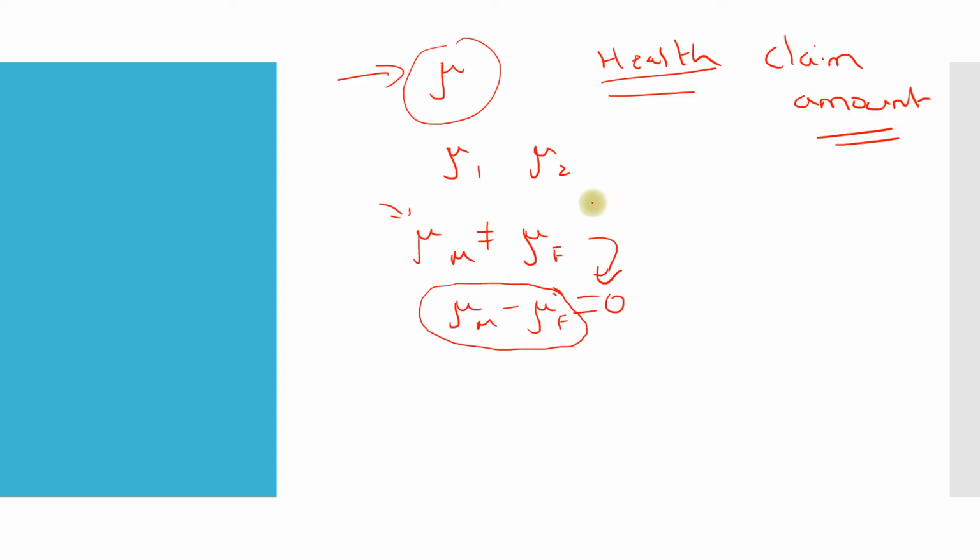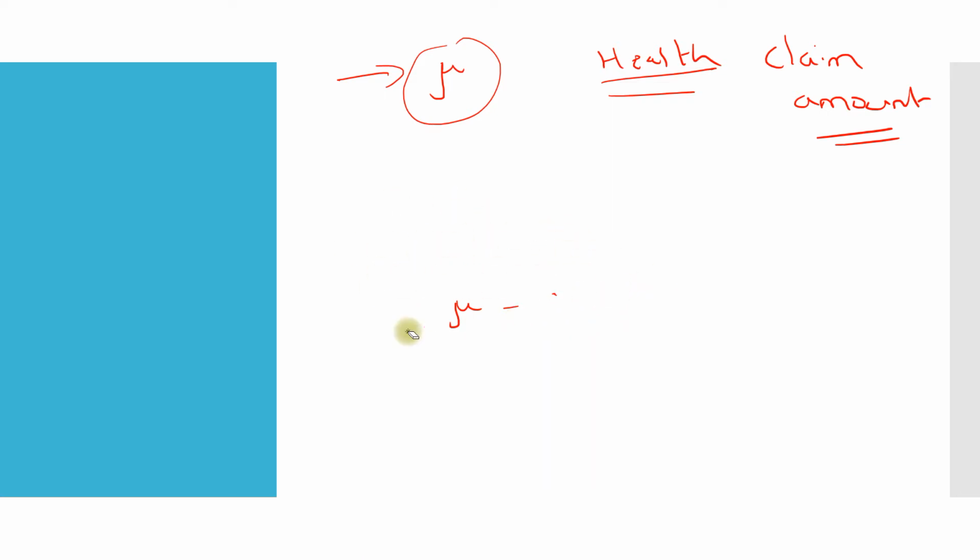Now, how are we going to proceed then? It's the same kind of idea that we did last time. If you want to estimate mu m minus mu f, the first step would be to find your point estimate.